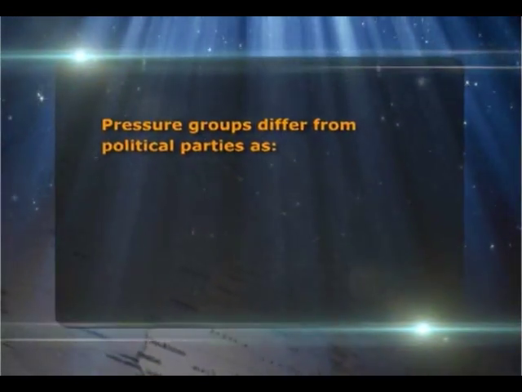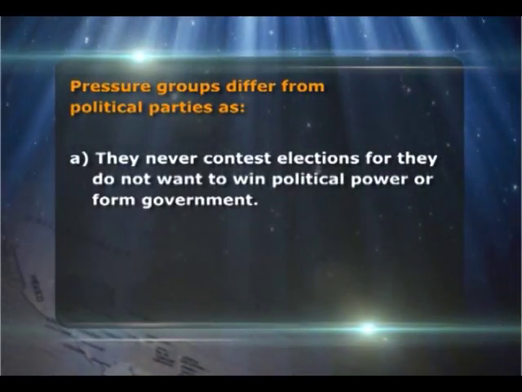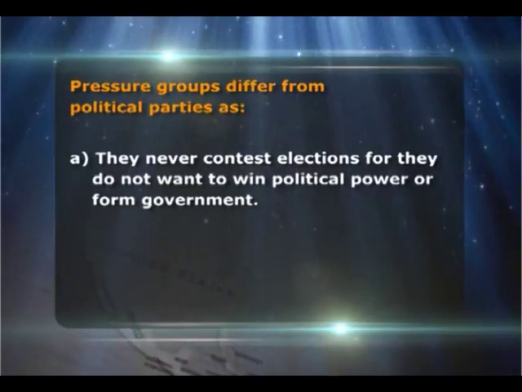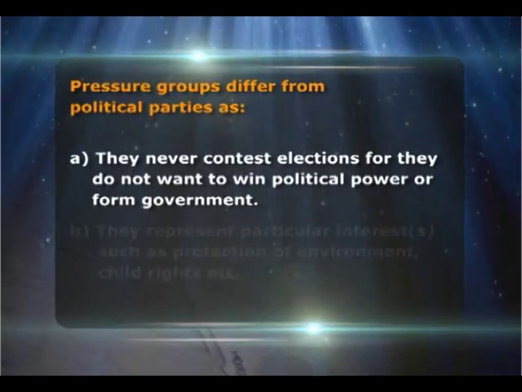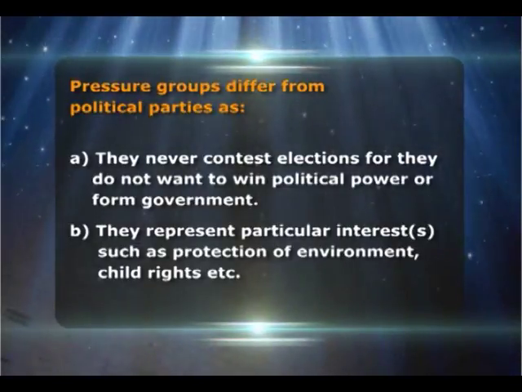Now, we are well aware that pressure groups or interest groups are also groups of people, but they differ from political parties because A, they never contest elections, they do not want to win political power, and they do not want to form government. B, they are representing particular interests.